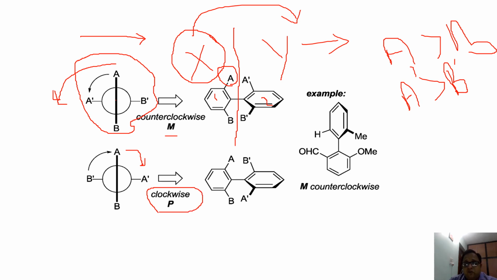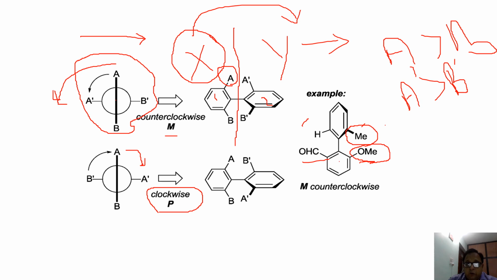This has been shown by the example with H, methyl, CHO and O methyl. In this case, the priority goes to the methyl, and in this case priority goes to the O methyl.